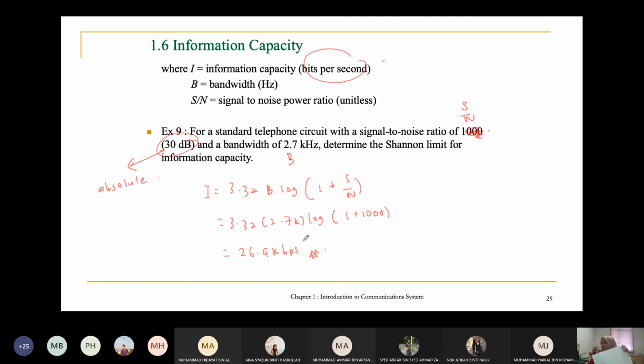Okay, so any question for this week's lecture? No? Ahmed? So we have come to the end of chapter 1 part 1. To me, chapter 1 part 1 is quite simple. Actually, to me, chapter 1 is quite simple.